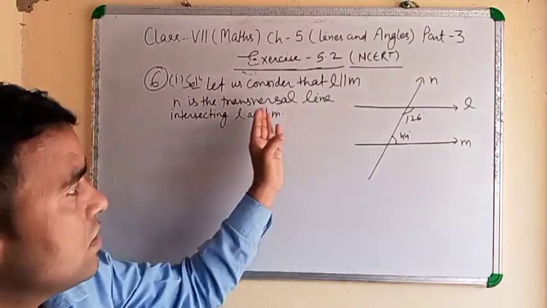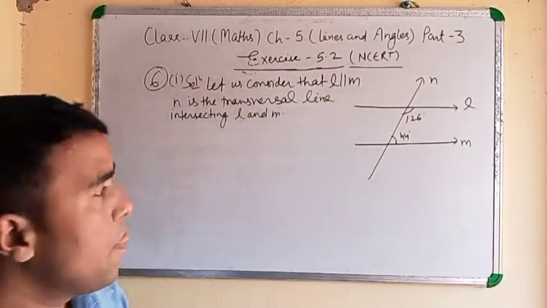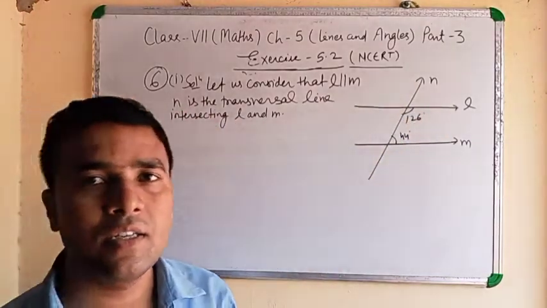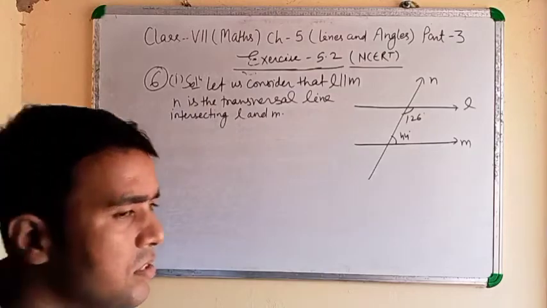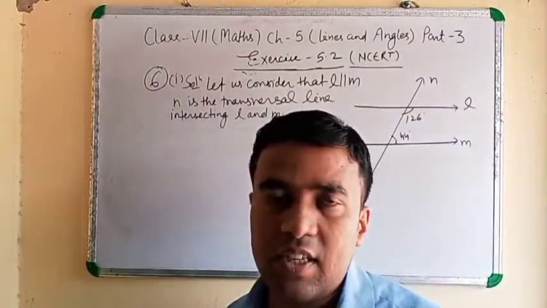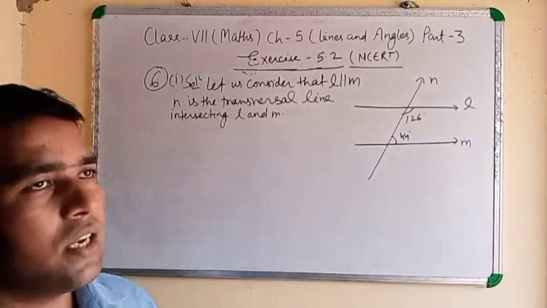Let us consider that L parallel M. Clear? N is the transversal line intersecting L and M. Clear? Transversal means this line will intersect L and M.